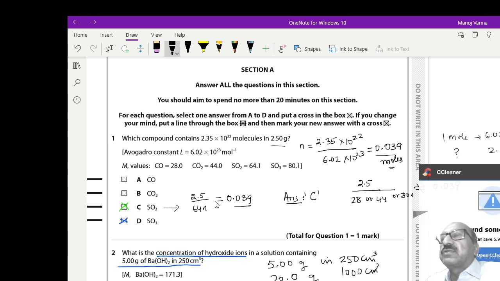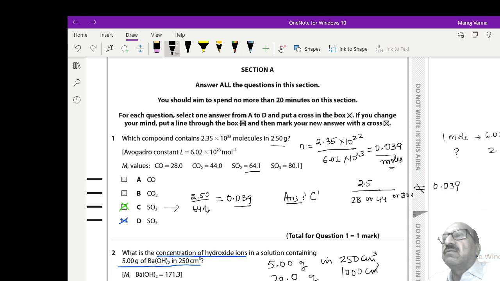So I have tried the third option, that is 2.5, that is the mass, and sulfur dioxide is 64.1. So I divide this 2.50 by 64.1 and I get exactly the same value, 0.039 moles. So obviously C should be the answer.